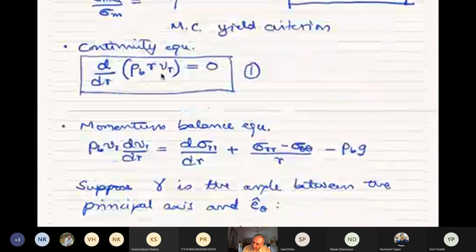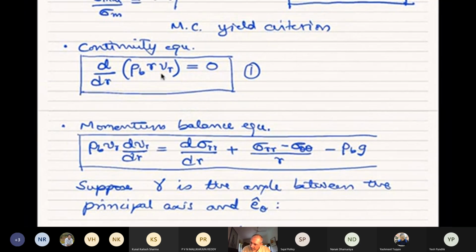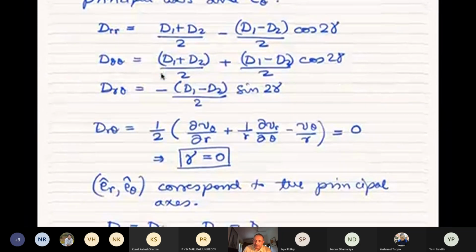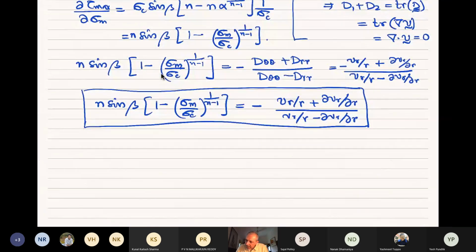And of course, the momentum balance is equation number 2. I'm just counting how many equations we have and whether they are enough. And let's call this equation number 3.